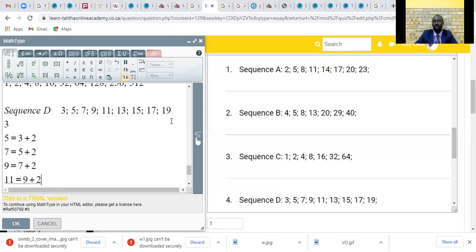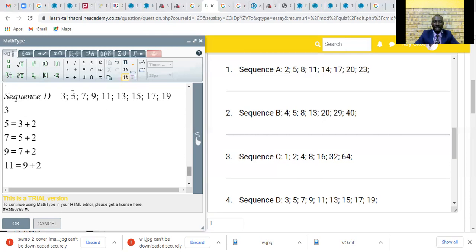Now, how do we get the next 3 terms? So to get the next 3 terms, we keep on adding 2. Well, let's see how it comes. From the sequence that we have been given, just add a 2 onto 19 so that you get 21.